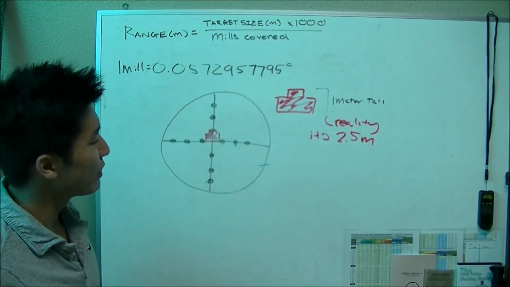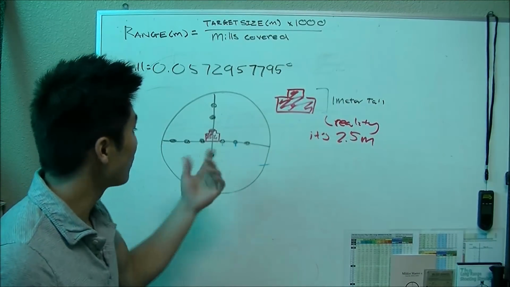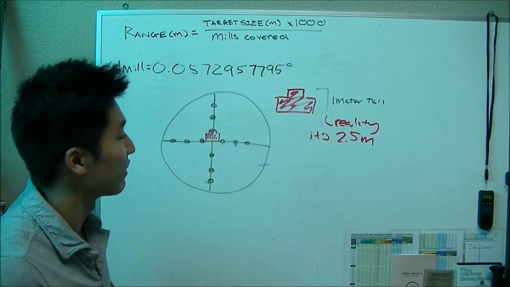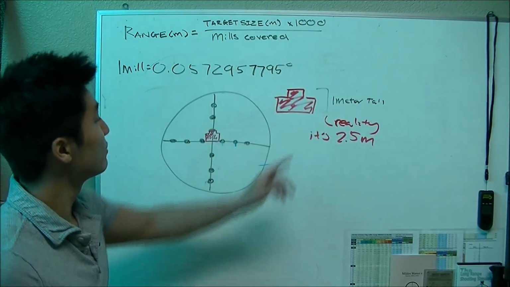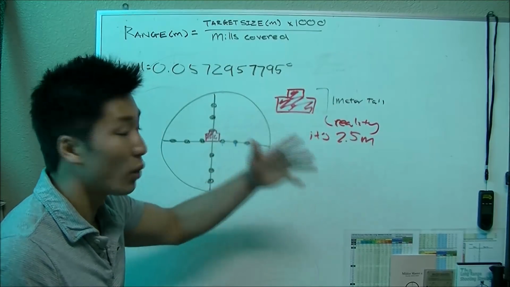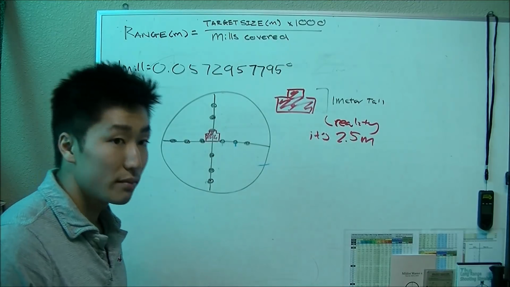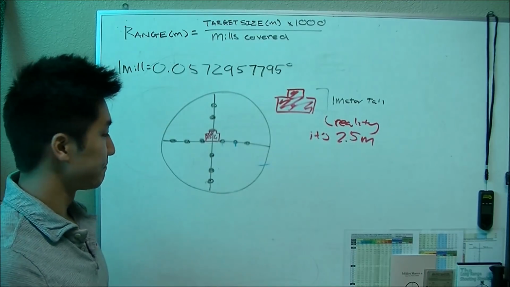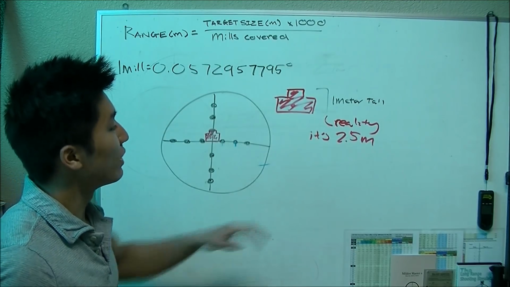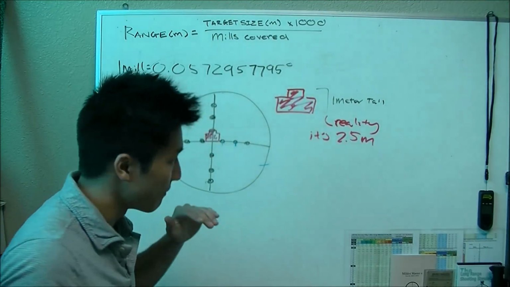So then you might be like, how do we even use mils when it's 2.5 meters? Well, because we expect 1 mil to be 1 meter at 1,000 meters, what is 2.5 meters tall for that mils?